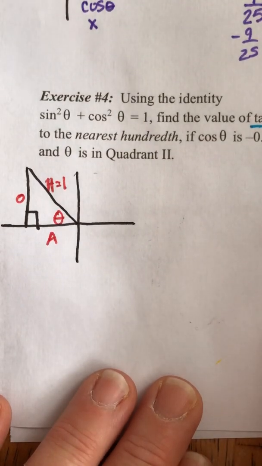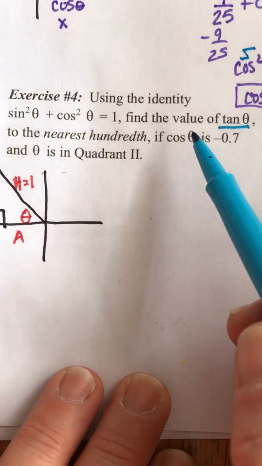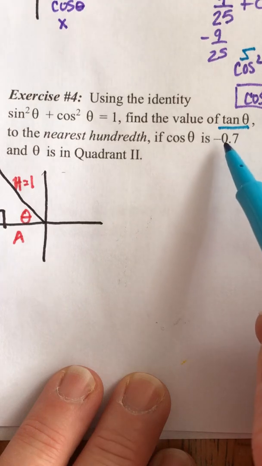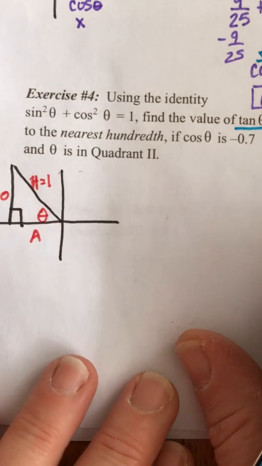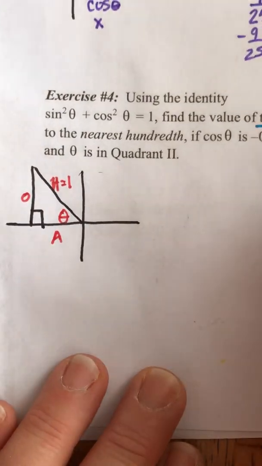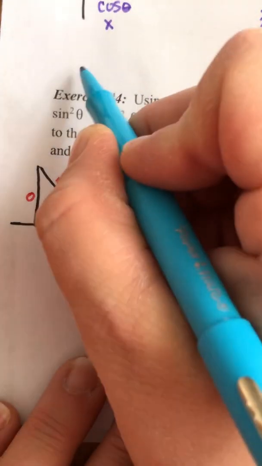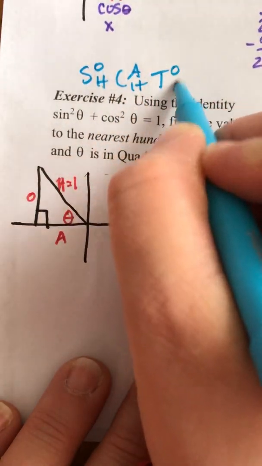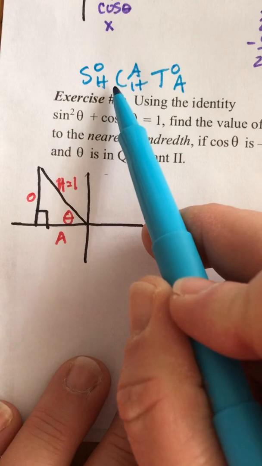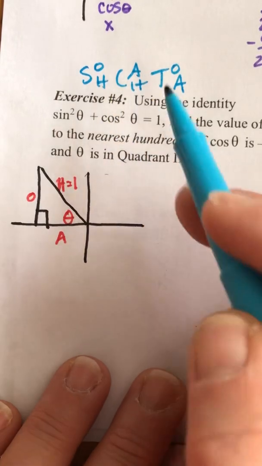Now, they told me the cosine is negative 0.7. So, thinking back, how is cosine formed? Well, let's write SOHCAHTOA out. Cosine is adjacent over hypotenuse.